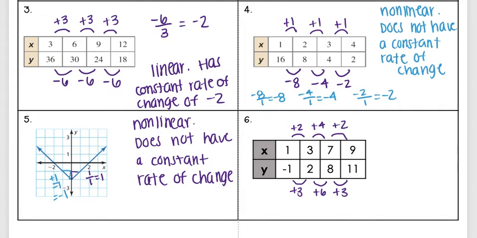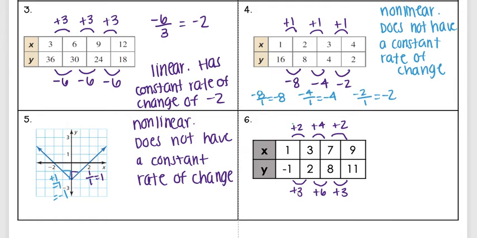And so it may be really tempting to look at this and say, well, it's not the same numbers, so it's nonlinear. But we need to be careful. I see there's kind of a pattern right here. Both on the outside are the same, but the one in the middle is different. I need to actually take my difference of y over my difference of x and see what those come out to.